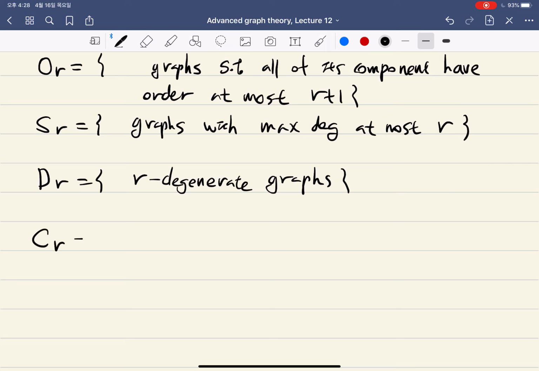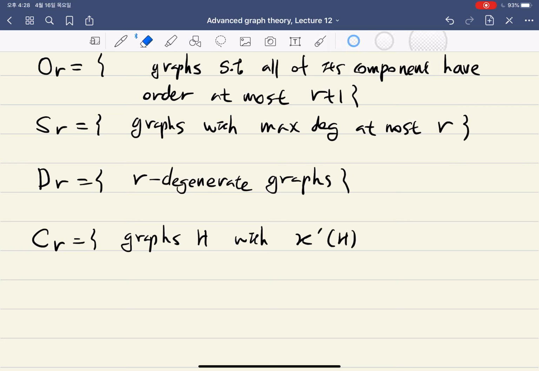And let's say C sub R is the collection of graphs H with edge connectivity at most R. Let's write it this way. The graph G, as I wrote before, is not monotone, because you can consider this graph.